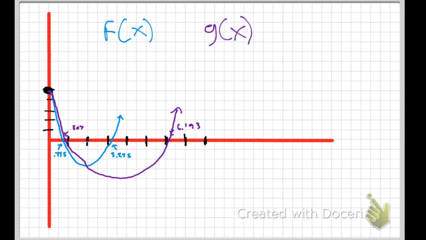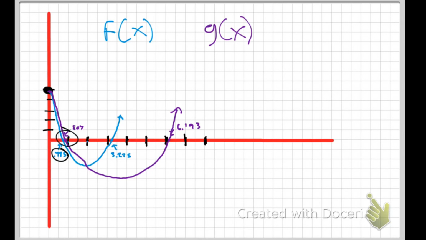Looking at which hamster entered the water first, we've got to look at the left-hand x-intercepts. The first one to enter was the 0.775. So f of x entered the water 0.775 seconds after he jumped, and g of x entered the water at 0.807.